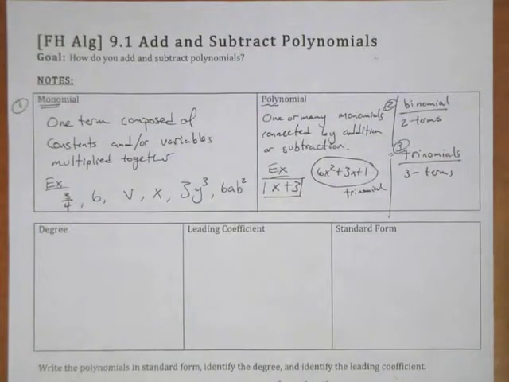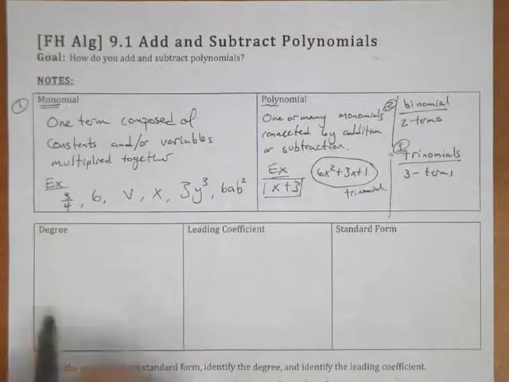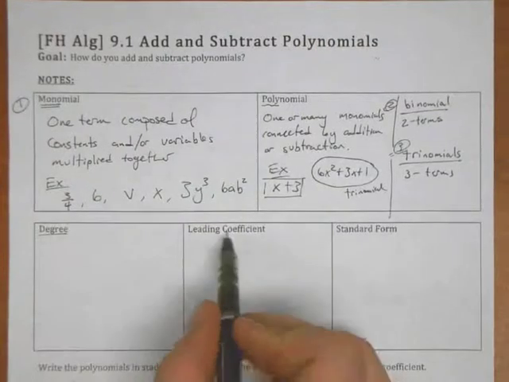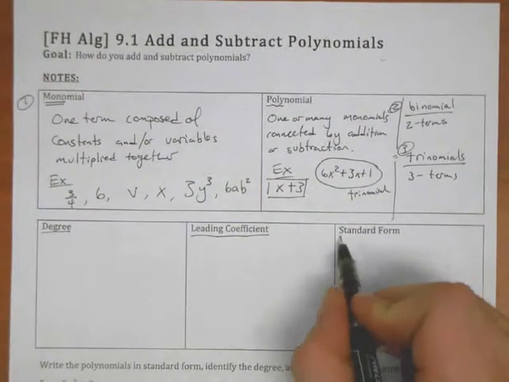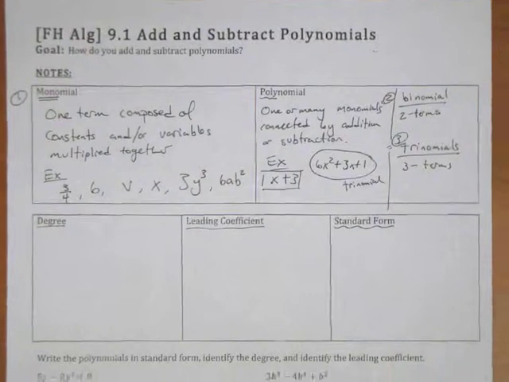Okay. All polynomials have what's called a degree and a leading coefficient. And in order to find those, we're going to write our polynomials in what's called standard form, so we'll start here.